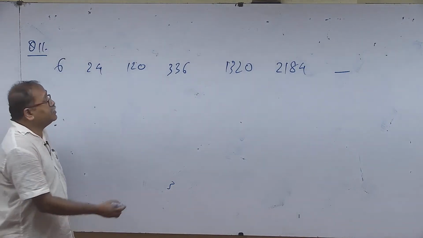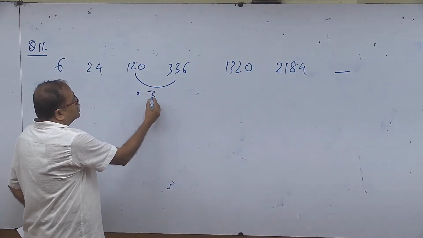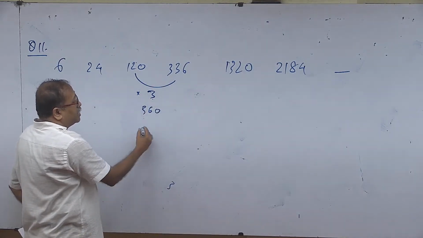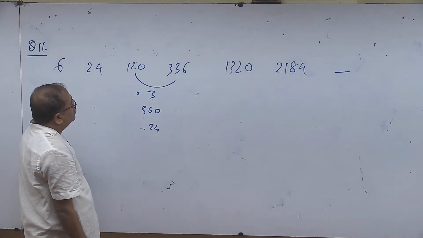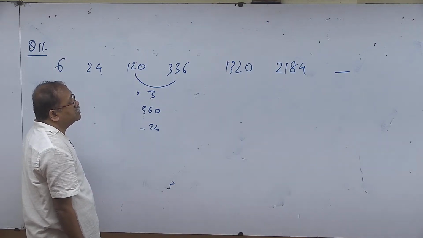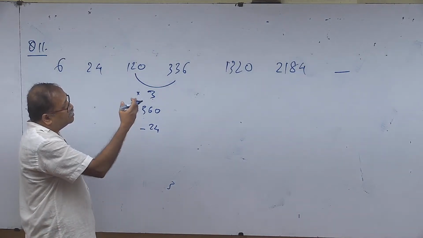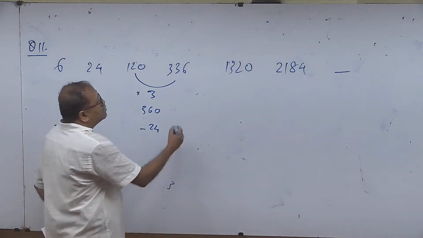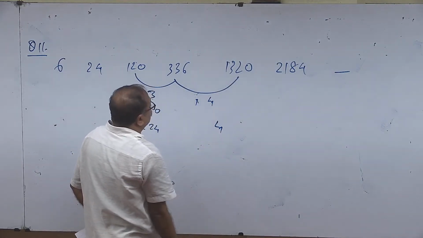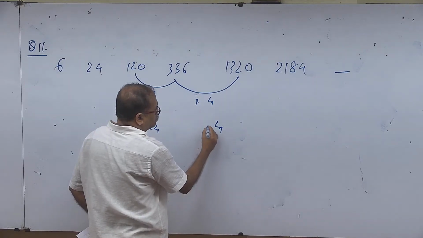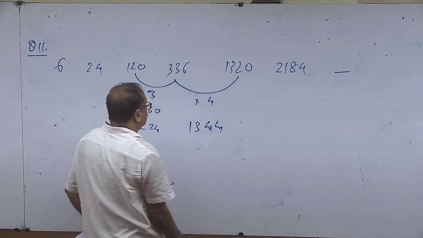So you may check what is happening from here to here: into 3, so 36, but minus 24. If that is the case, then will you get that number into 4? 4, 9, 4, 6 is 24, carry 2, and 4, 3 is 12, plus 2 is 14, carry 1, and 4, 3, 12 plus 1 is 13, and how much minus here?